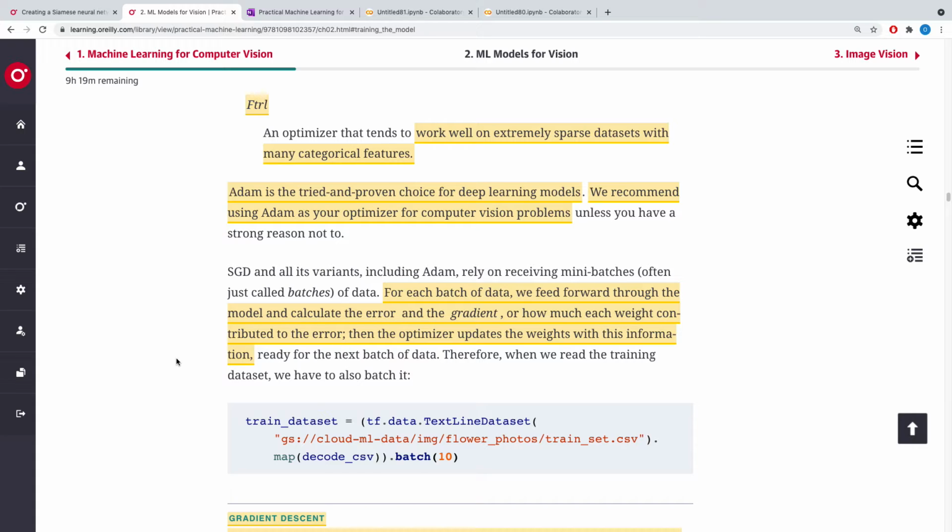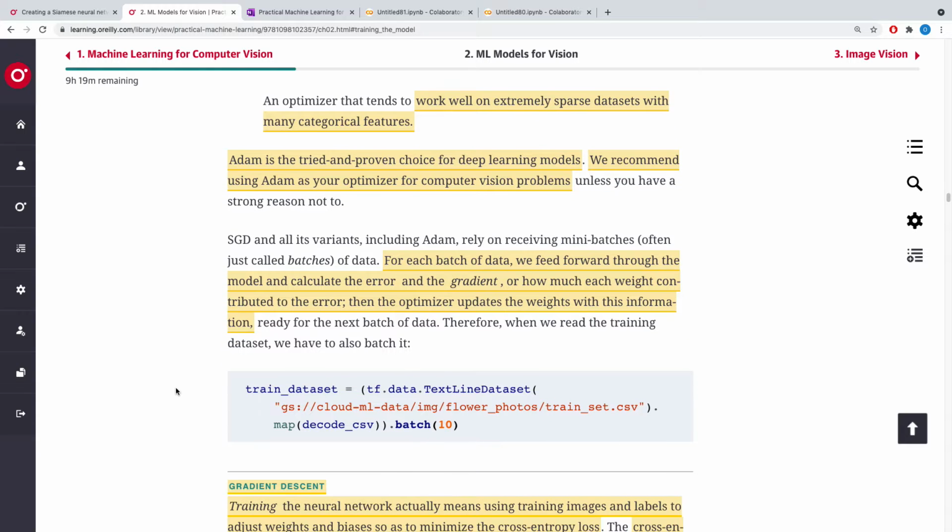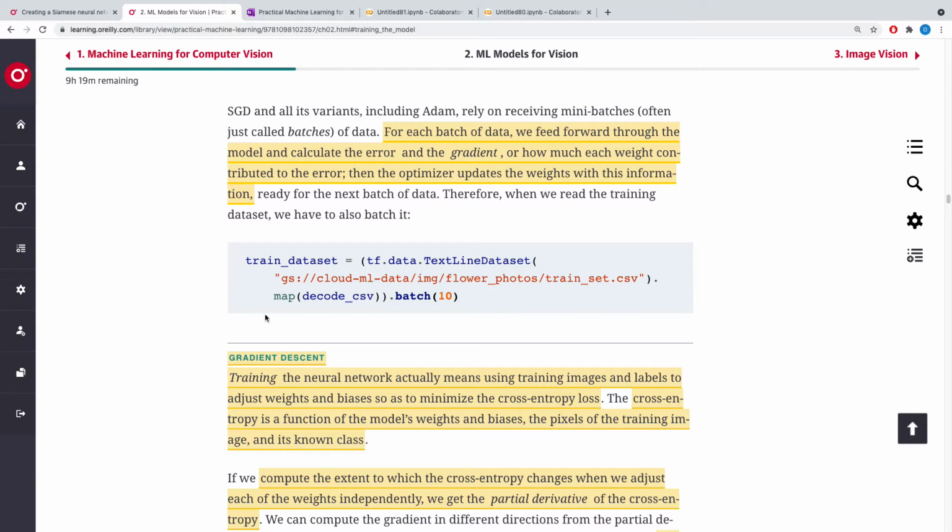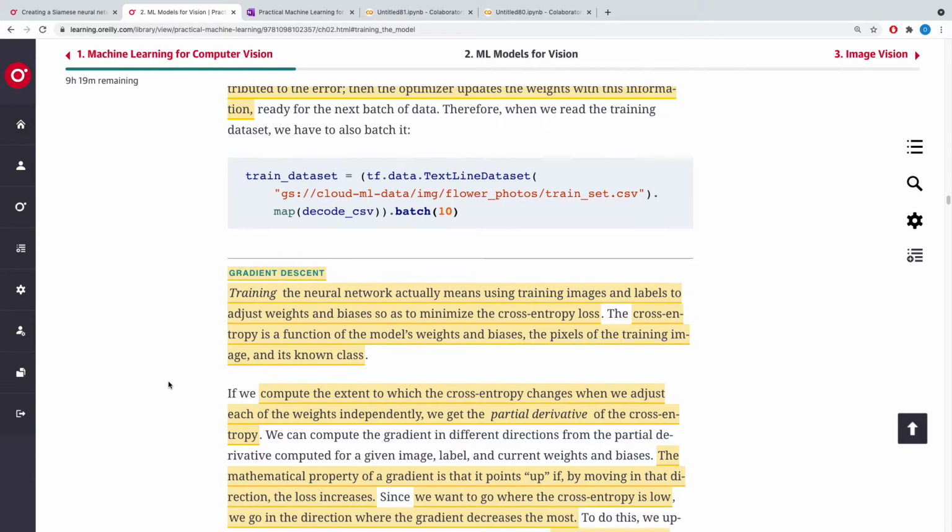Then the optimizer updates the weights with this information. Once you calculate the gradient, we want to go in the opposite direction of the gradient. Then we use the optimizer to move in that direction. So let's look at the gradient descent.